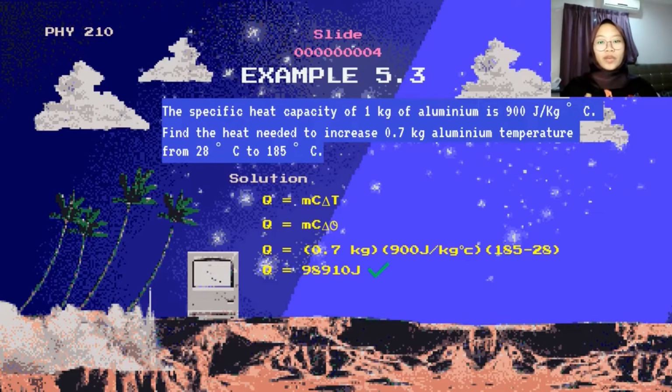Q equals m, which is the object mass, times c, the heat capacity that is usually given in the question, times the change of temperature. And then substitute the information given into the formula, and we will get the final answer, 98,910 joule.